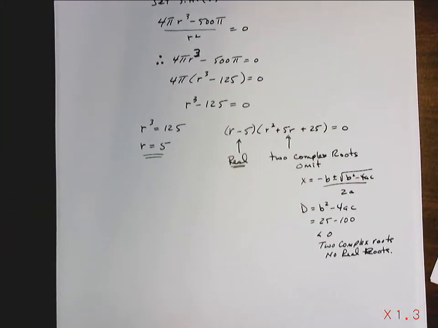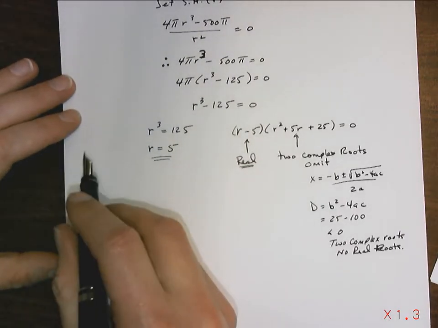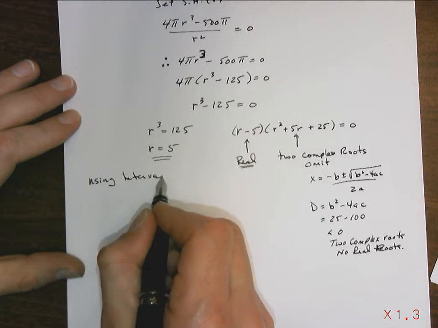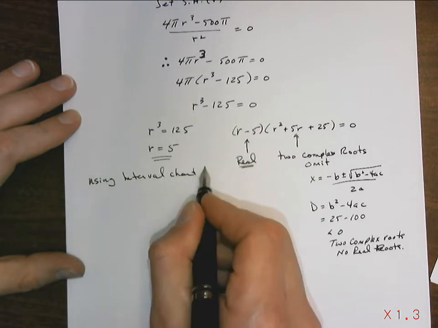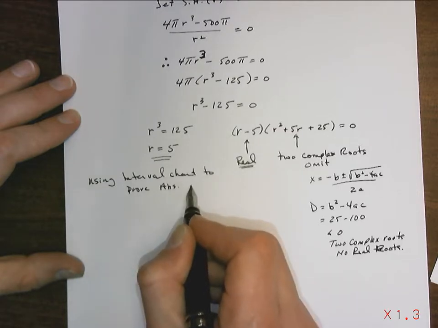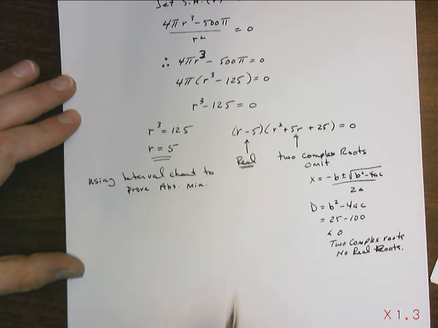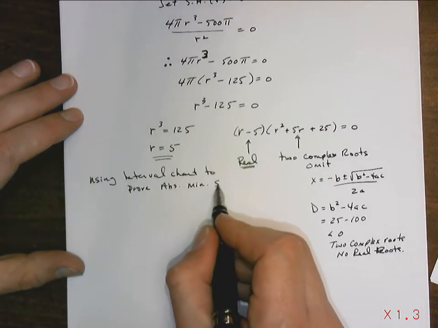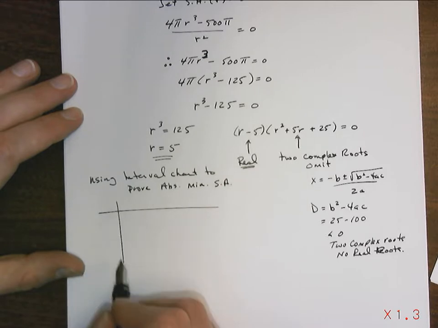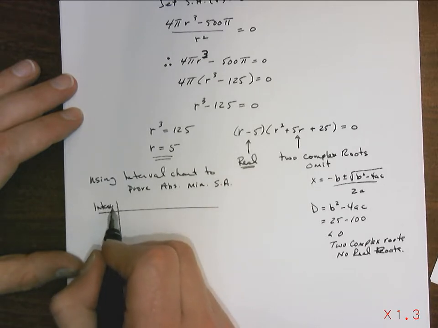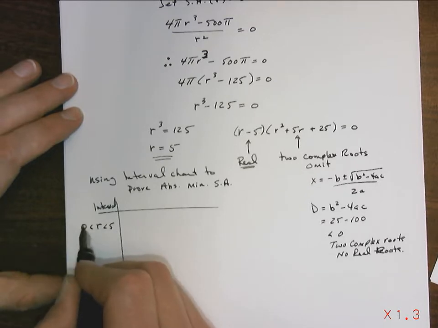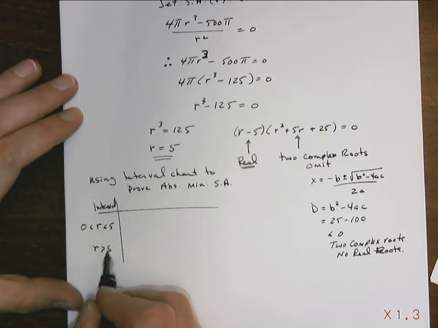Let's try the interval chart just for fun, to prove an absolute minimum surface area. So we're interested in the interval between r being less than 5 but greater than 0, and r being greater than 5.